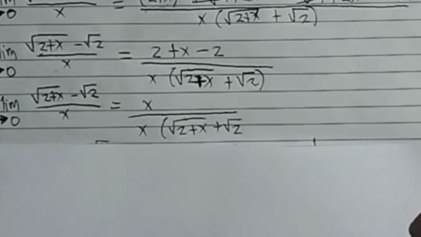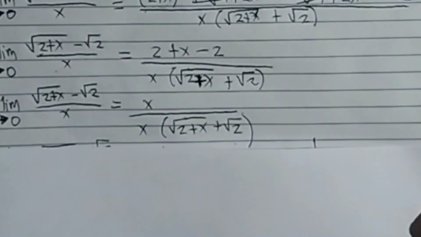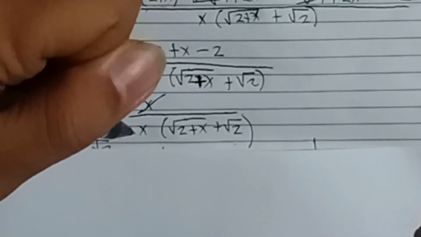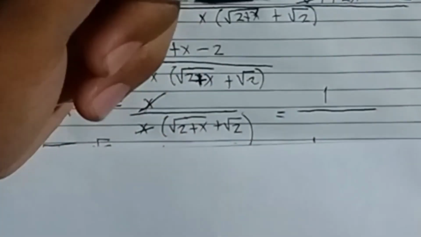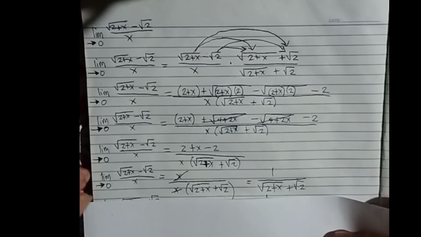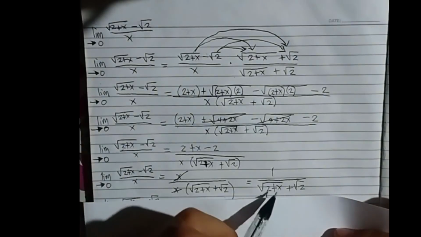So ngayon, we can just cancel this x to the x in the denominator and it will give us 1 over, ito na square root of 2 plus x plus square root of 2. So ngayon, pwede na natin ma-apply yung substitution sa value na binigay sa atin ng c which is 0 to the variable x.